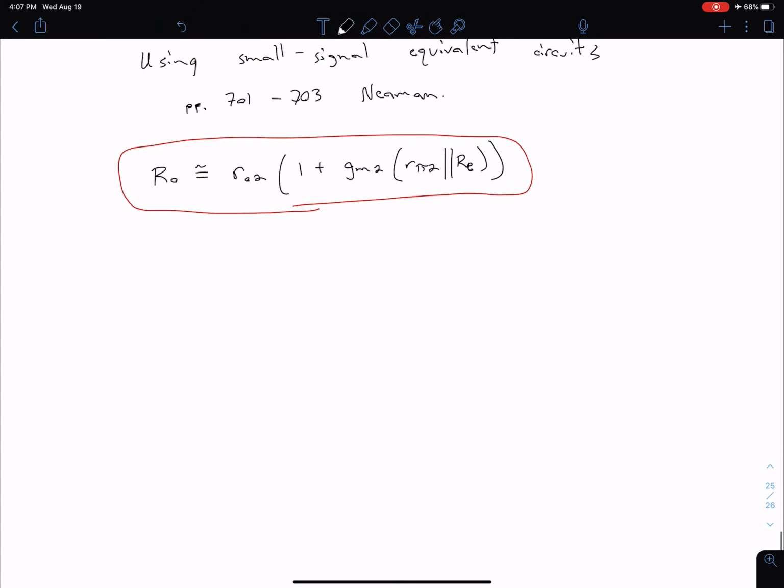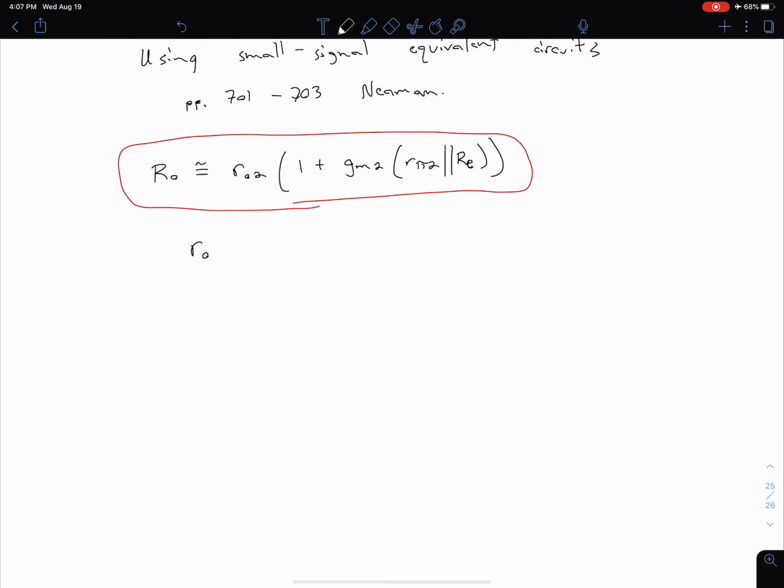Okay, and so let's define a few things. We've actually defined these previously in our analog devices classes, but just as a refresher, our R02, just like we've seen with previous configurations, is just our small signal output resistance at the collector, in this case of our transistor Q2.